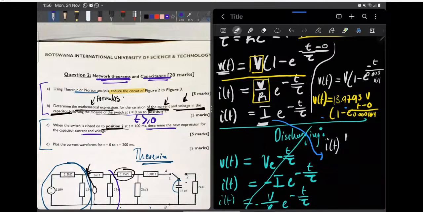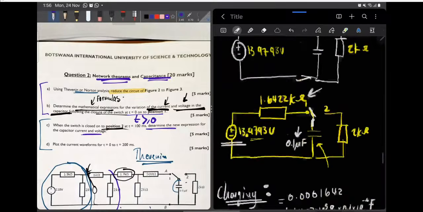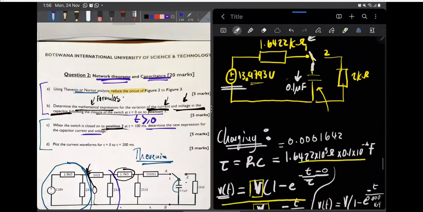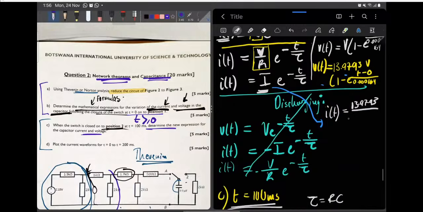This is equal to 13.9793 divided by the R. What do you find as R? 1.6422, so divided by 1.6422.